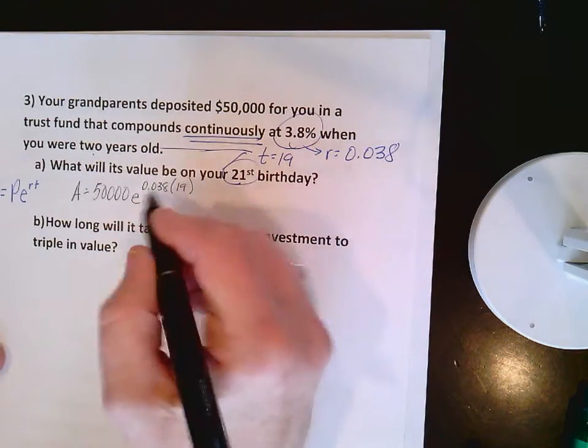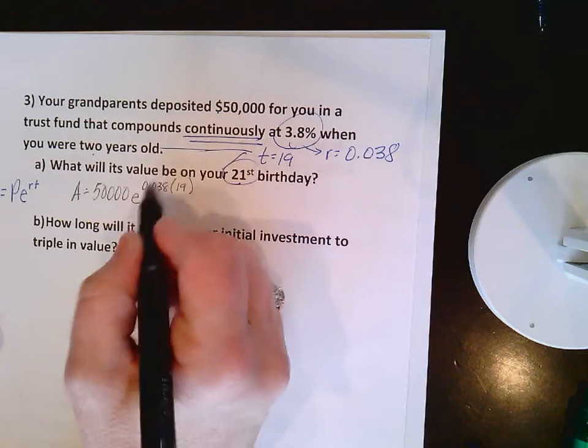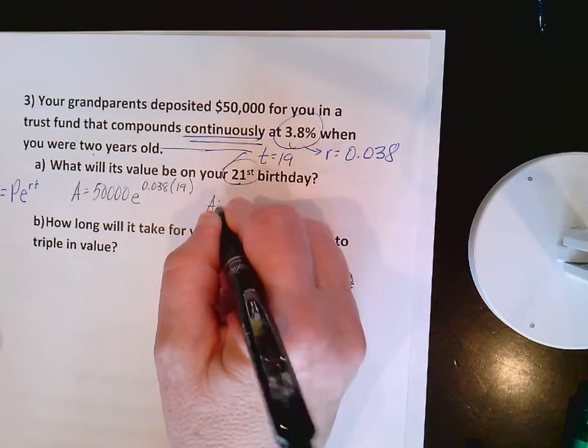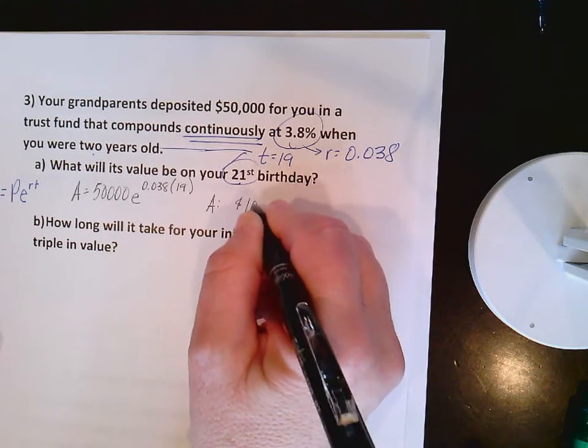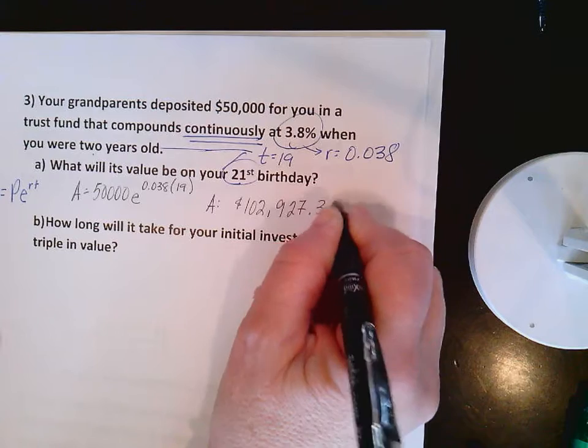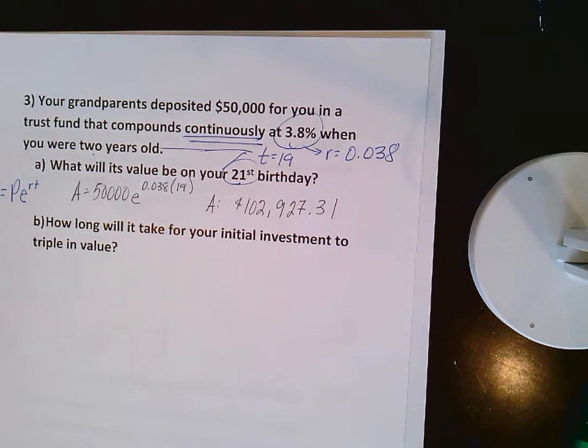So you'll take E to that power and then take that times 50,000. And on your 21st birthday, you would have $102,927.31. How cool is that? We all need to have those grandparents.